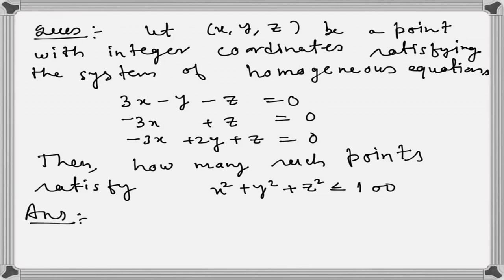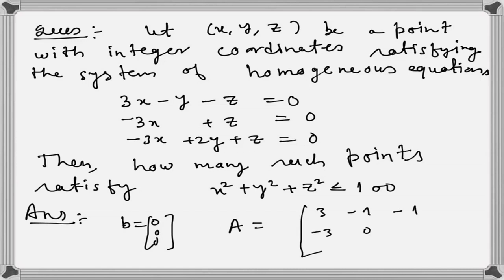Here, these are a system of homogeneous equations. So a homogeneous system has b equal to 0. So here b is the 0 vector, and A is 3 minus 1 minus 1, minus 3 0 1, minus 3 2 1.